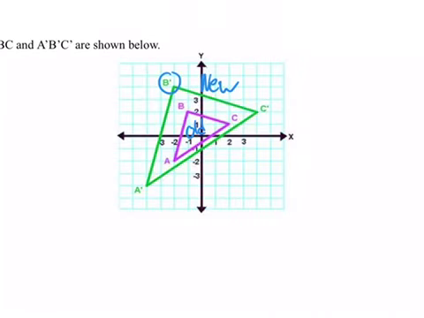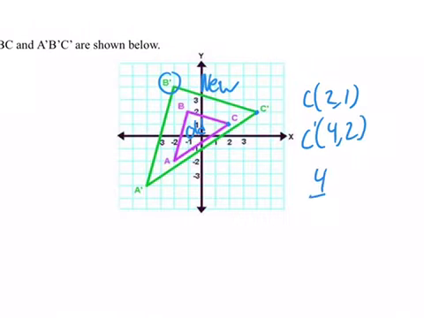The actual question wants us to find the algebraic representation, and unfortunately on this version there aren't any answer choices, so we're going to use C and C prime. We're going to use those 2 points. C has coordinates (2, 1). C prime is going to be (4, 2). Again, the prime is the new one, so we do new divided by old.